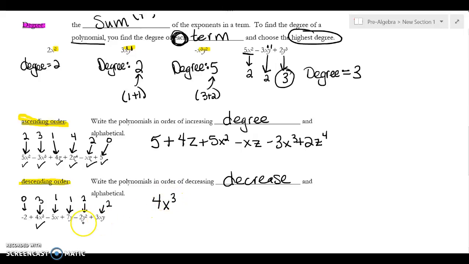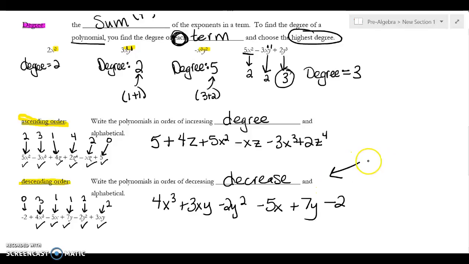Then I have 2 2's. So I have 2y squared and 3xy. Well, xy is alphabetical. It goes first. And then 2y squared. Now my degree 1, I have a 5x and a 7y. And again, it's alphabetical. So minus 5x plus 7y. And finally, my degree 0, which is minus 2.